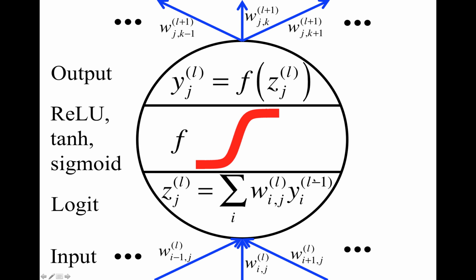So it cannot have any connections with layers like L plus 2 or L plus 3. It cannot have connections with layers L minus 2, L minus 3. It can only have connections with layer L minus 1 or L plus 1. That's the typical configuration of a typical neural network.